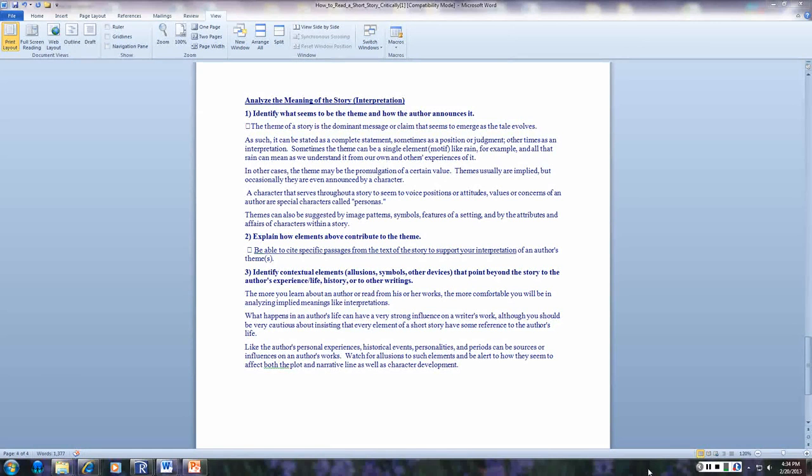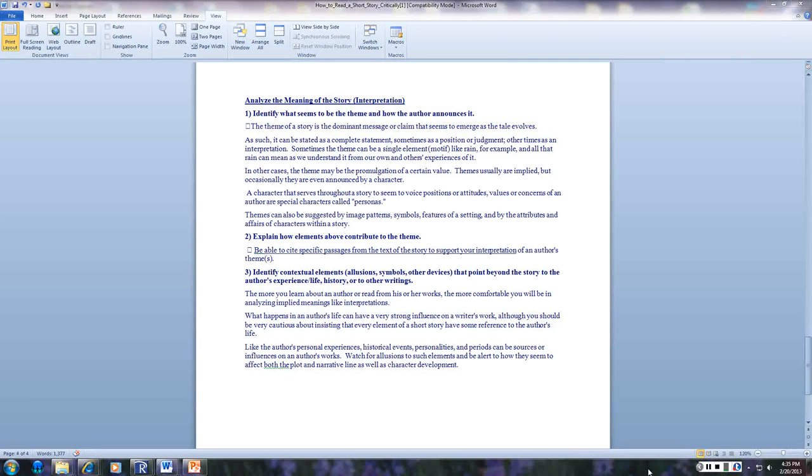Any one or all of those may contribute to the theme, the message being presented. The character and their voice and values, something that we call personas, may help us understand the theme of the story. It may be that the theme is a certain value, and it may be even announced.